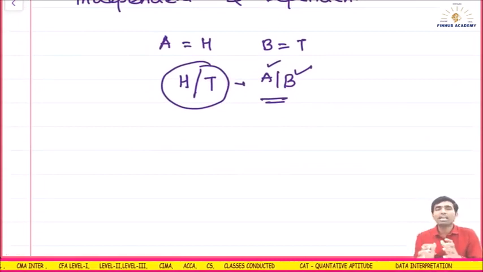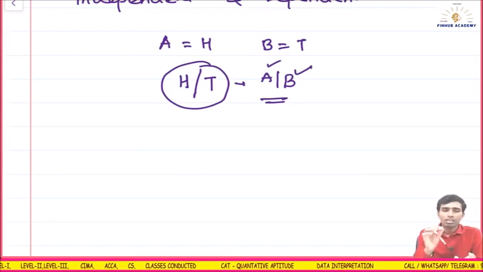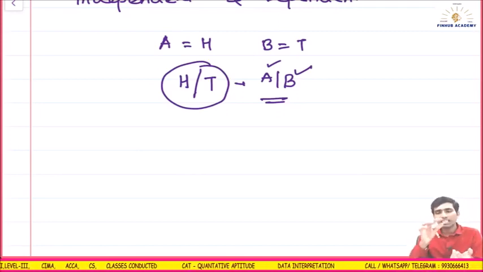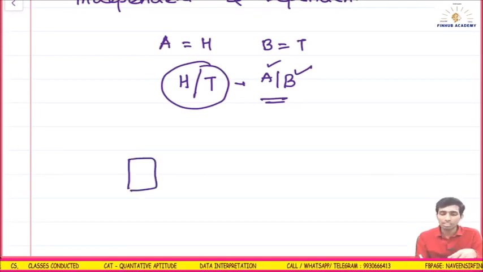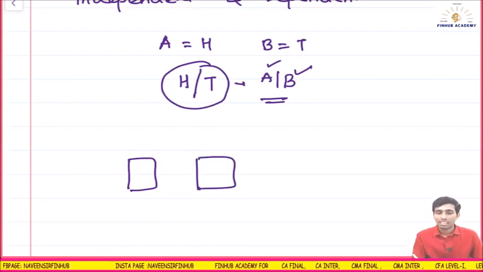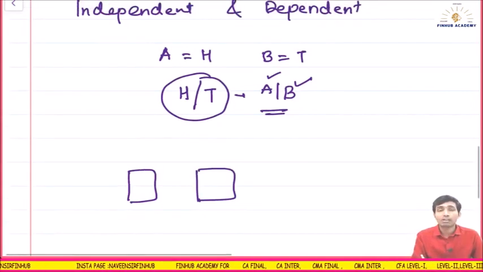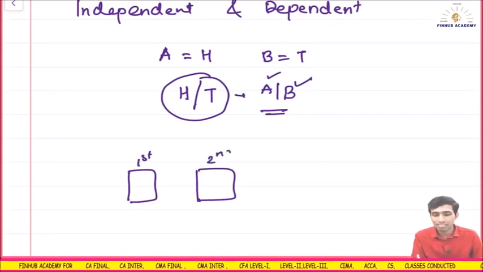Let's say I have a well shuffled pack of cards, and I draw a card. Now I draw the first card, and then I draw the second card. From the pack of cards I removed the first card, and either I replaced it or, let's say, I have not replaced it, and then I take the second card.